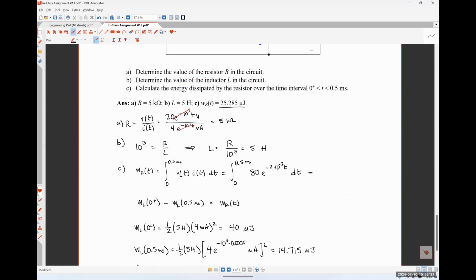I must have put something in the calculator wrong. But anyway, it should wind up giving you the exact same result, because you're just doing the exact same thing. You're just approaching it from two different ways.